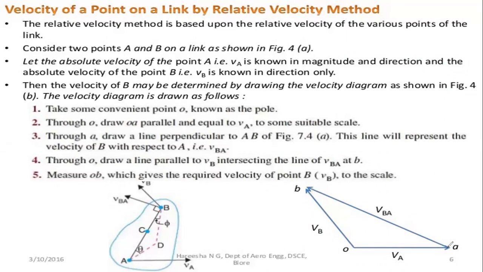And there I am drawing the velocity of B with respect to A, that is the VBA line, and the OB line, that is the velocity of B line in the drafter position.